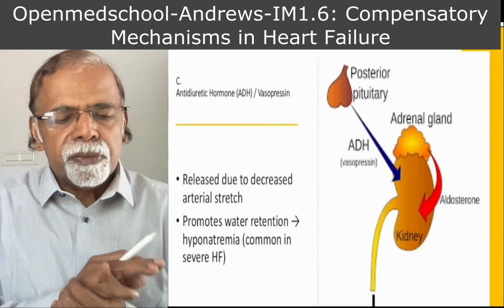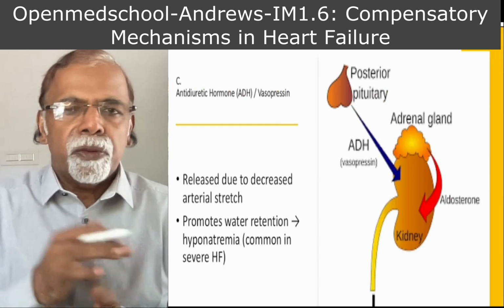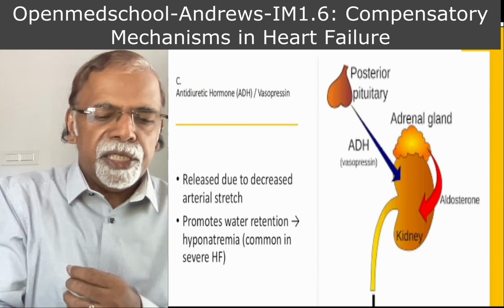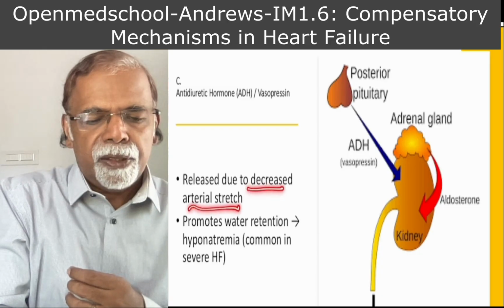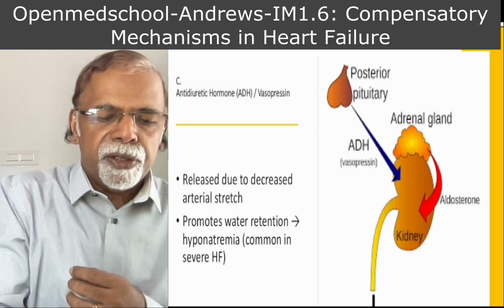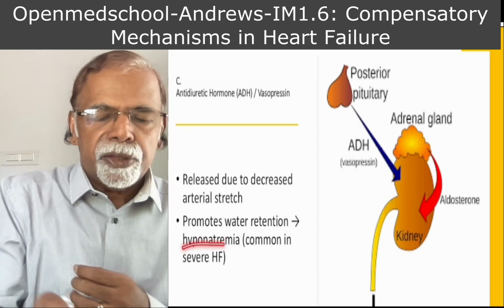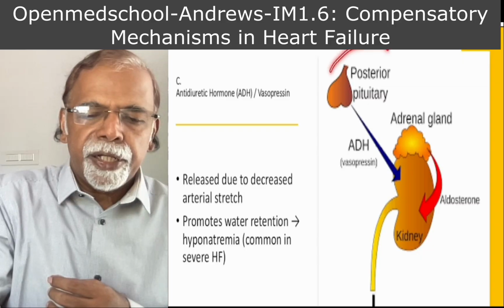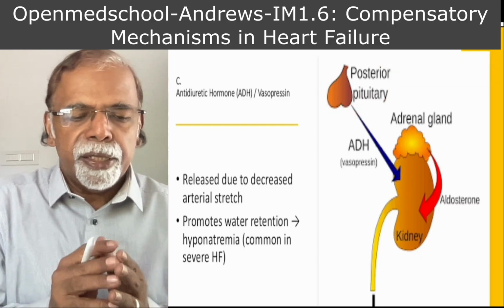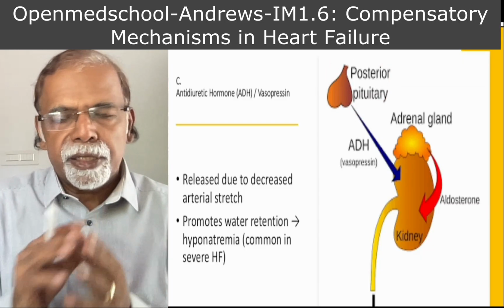Next comes the antidiuretic hormone, or vasopressin. It is released due to decreased arterial stretch. It promotes water retention and hyponatremia. So hyponatremia is very common. So from the pituitary, ADH is released when there is decreased arterial stretch.